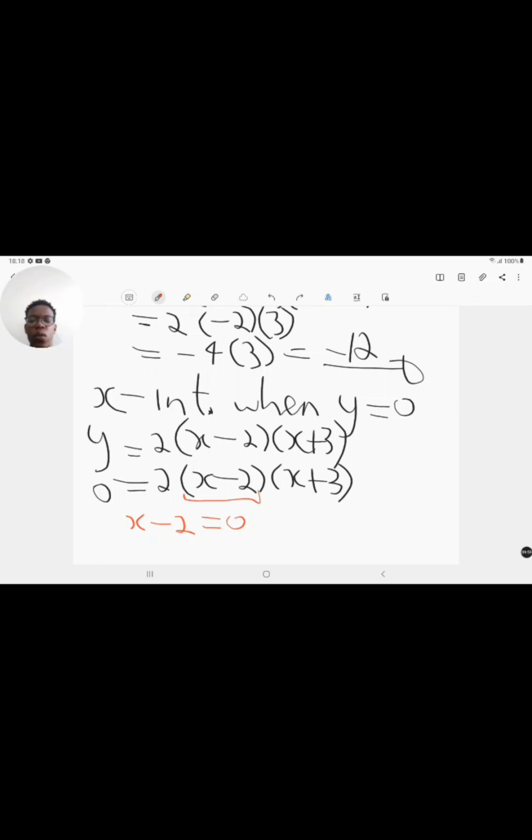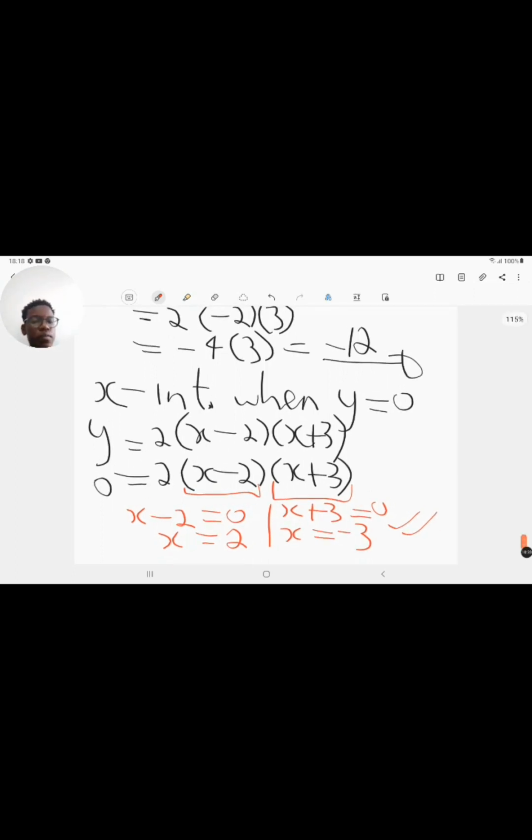So when the 2 goes to the other side, x is equal to 2. So that's one of your x-intercepts. Now if I take the second pair of brackets and say x plus 3 is equal to 0, then x, with the 3 going to the other side and changing its sign, is equal to minus 3. So these are your x-intercepts when y is equal to 0.